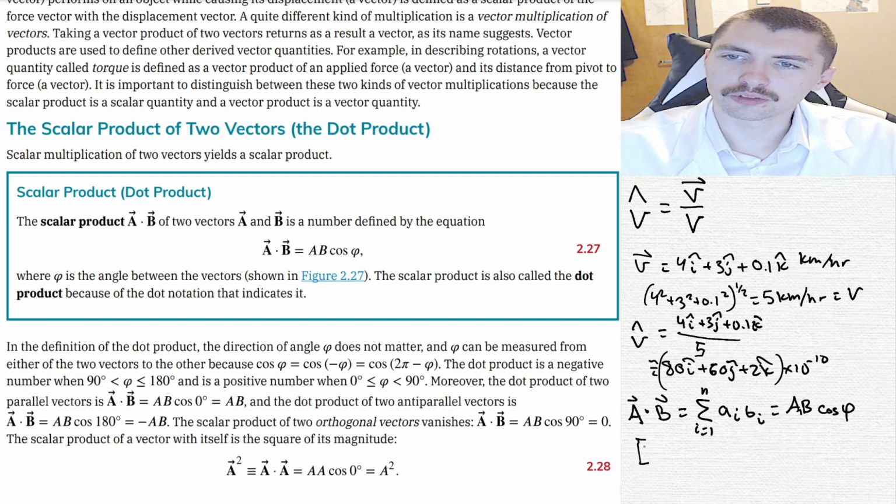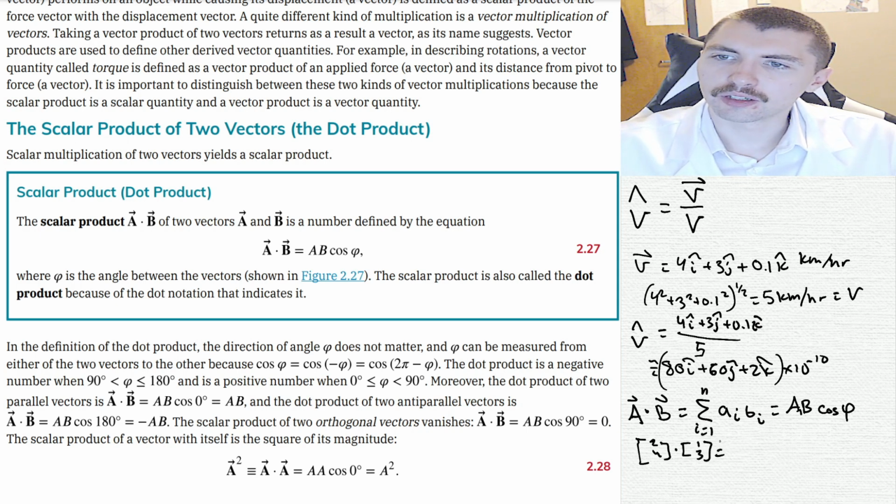So if we have a vector 2, 4 dot 1, 3, that is 2 times 1 plus 4 times 3 equals 2 plus 12, 14.